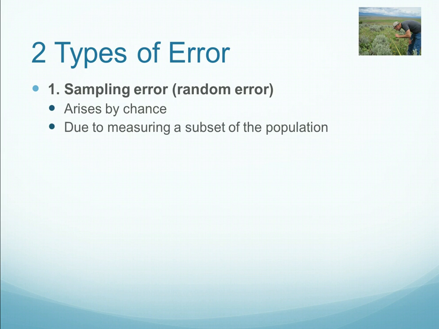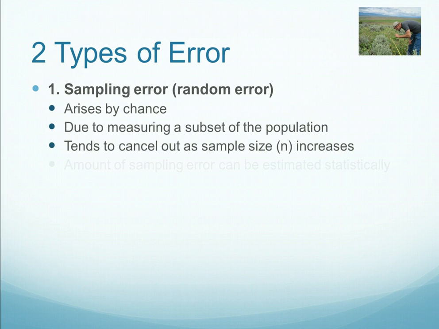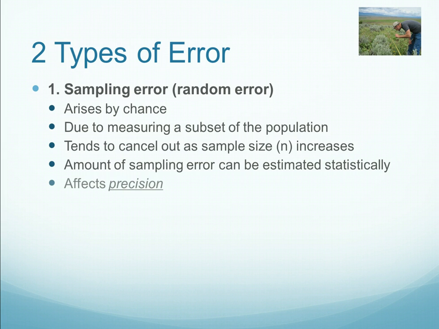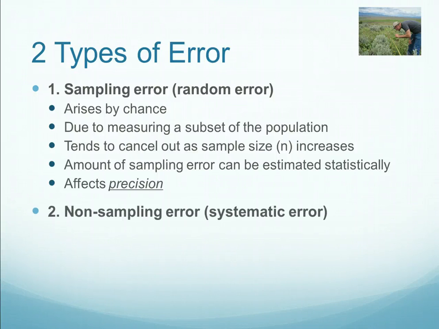Sampling error, also called random error, arises strictly due to chance. This is due to measuring a subset of the population. They tend to cancel out as the sample size increases, and the amount of sampling error can be estimated statistically. Sampling error affects precision of our estimate.